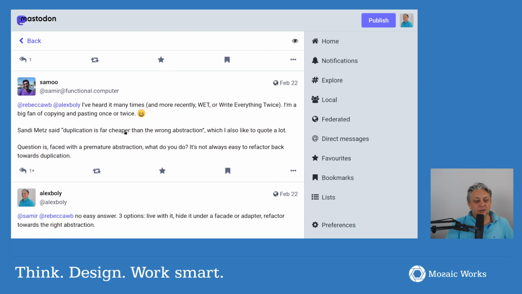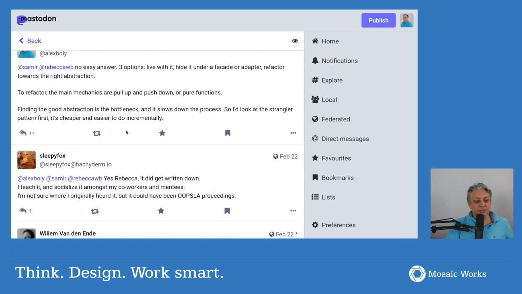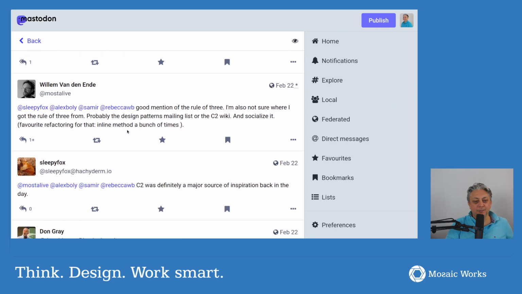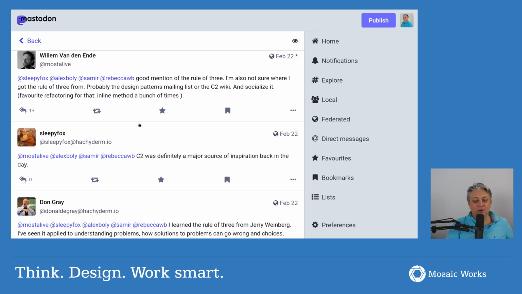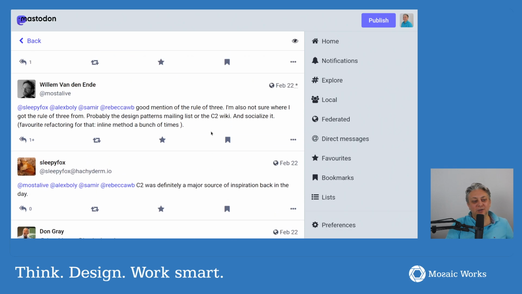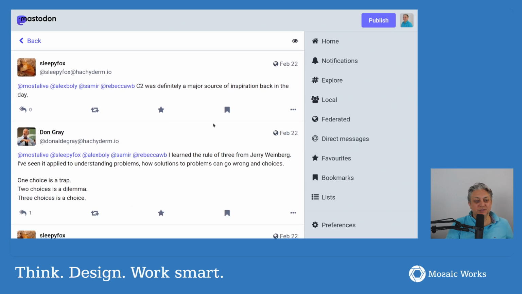And yeah, then there's a bunch more conversation about this, and about where people have learned about the rule of 3. Willem van der Ende talks about the C2 wiki, a very useful resource as well.